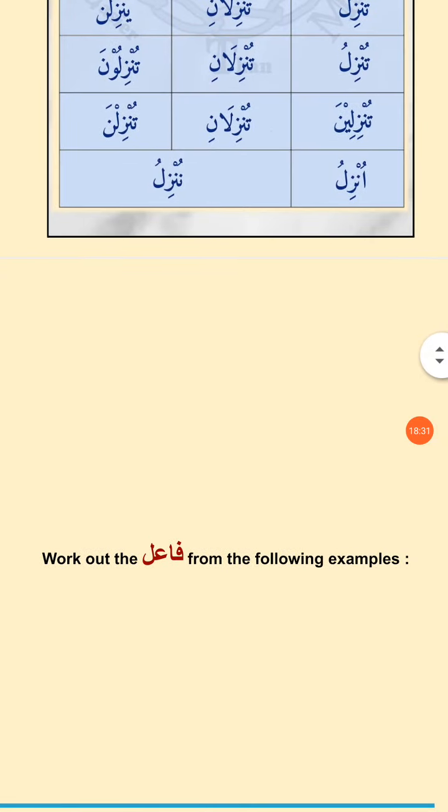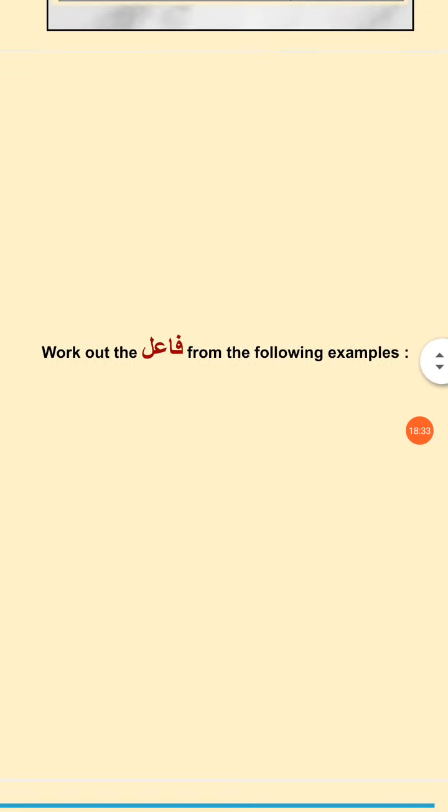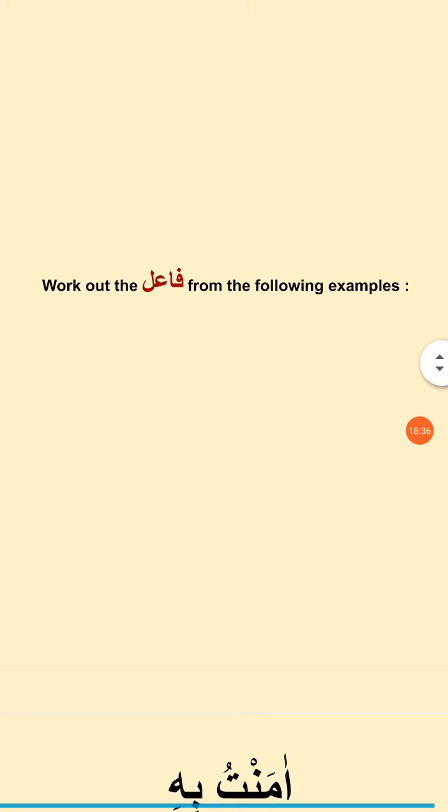So these were our patterns. Now we are going to work out the fa'il from the following examples. Remember how I told you that a certain pronoun is present or embedded in the fi'l pattern itself. Sometimes you expose it, writing it separately, but that is not observed in a regular sentence.